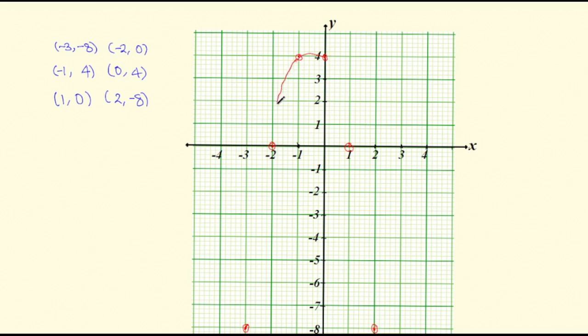Don't worry about this zigzag line. What is very important is where our curve is cutting the x-axis. So this one is fairly good, and we can also join these points together. This one is also coming up fairly good.